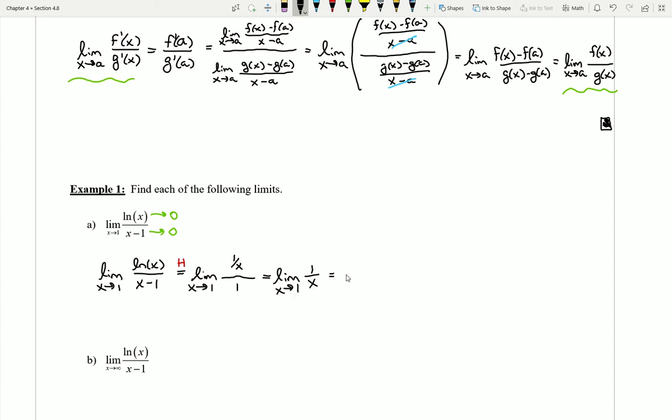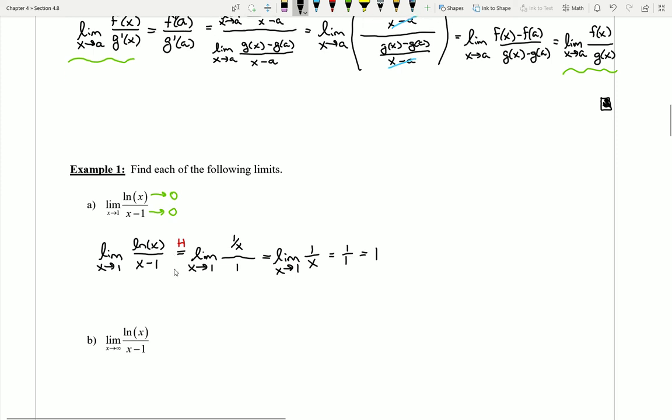And so I can just do a direct substitution. I get 1 over 1, which is 1. So this limit has answer 1, and so our starting limit has answer 1. Notice this is why this is kind of really strange. In this instance, 0 over 0 in our limit form ended up producing a value of 1.